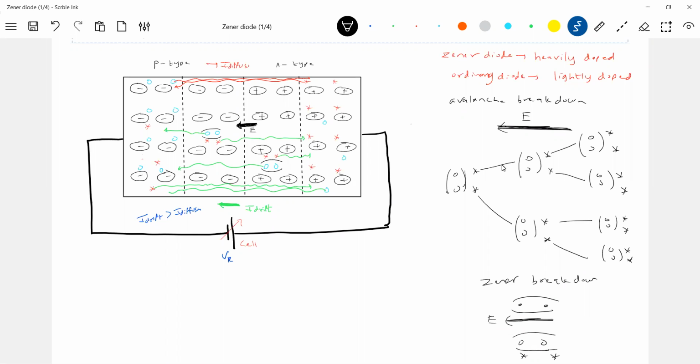Who will pull this valence electron? Directly this electrostatic field. Directly from the valence band, it will pull the valence electron to the conduction band. We'll get two holes, two electrons. So like this, from millions of covalent bonds, the electrostatic field will pull. So I think these two phenomena are different, and these two are responsible for large current.